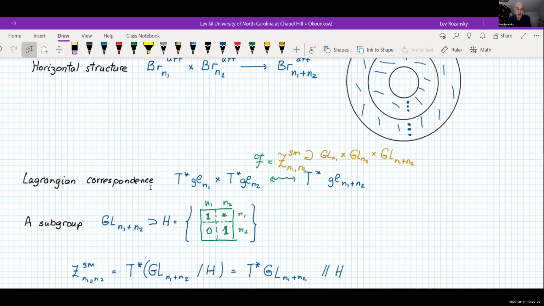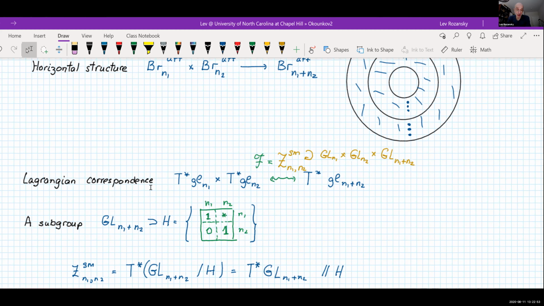You have a 2-functor between a product of two categories of GL_N1, GL_N2, and GL_{N1+N2}. And again, the choice here is fairly, one could easily guess what it would be. So what I have to construct is a Lagrangian correspondence between the product of cotangent bundles and the cotangent bundle.